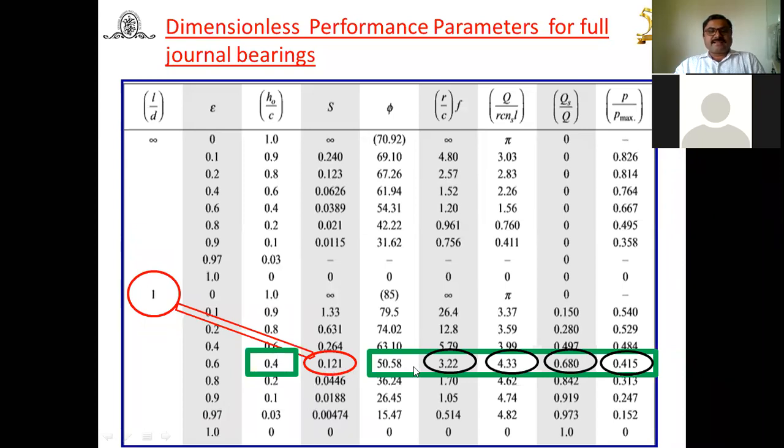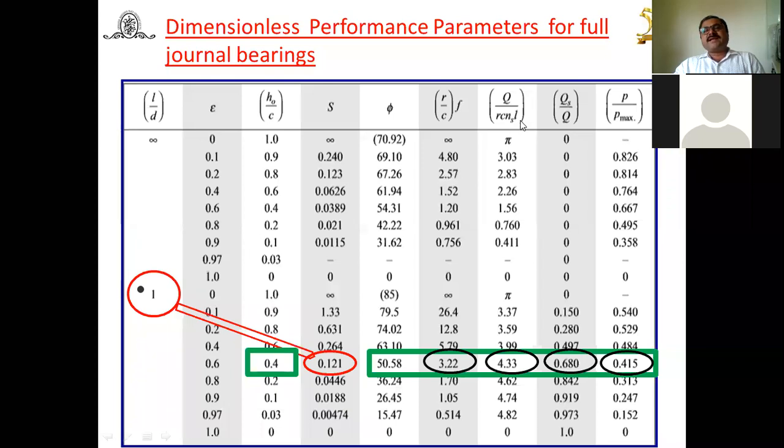By referring to this S, you now have to take out the values of all the variables or parameters. For S equal to 0.121 and L by D equal to 1, H0 by C, the film thickness parameter, is 0.4. Similarly, R by C into f, this means CFV, is 3.22.